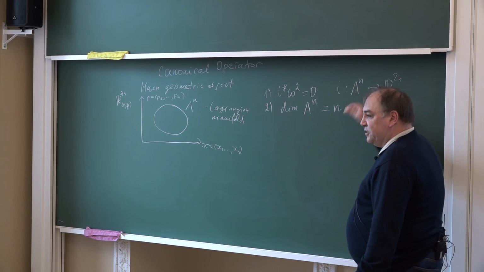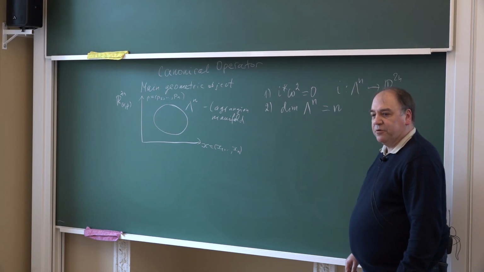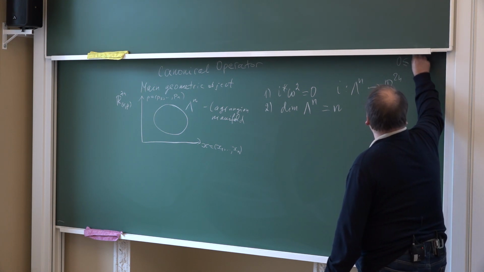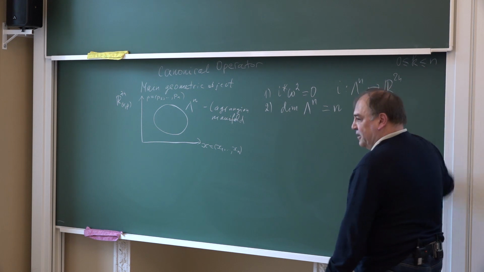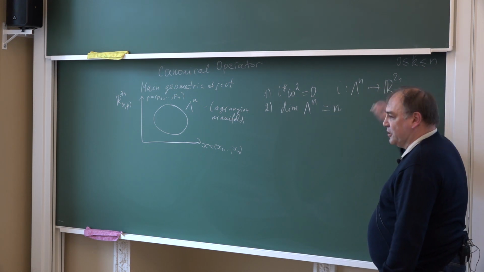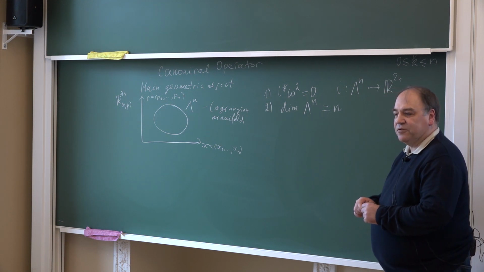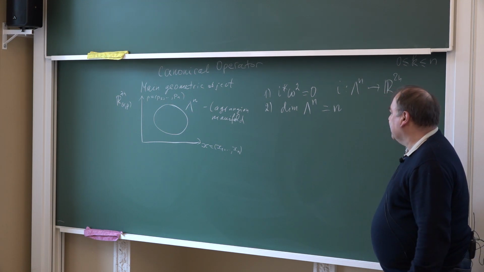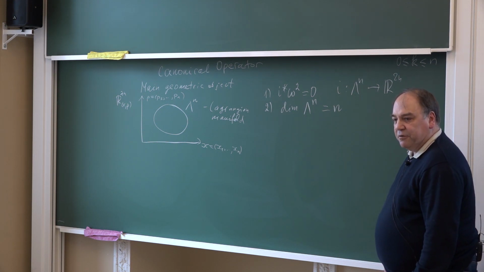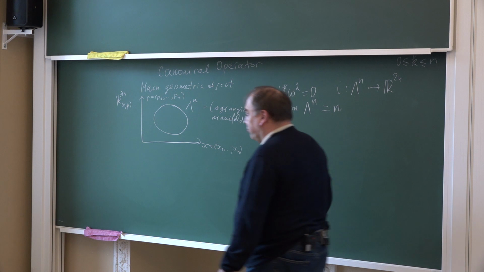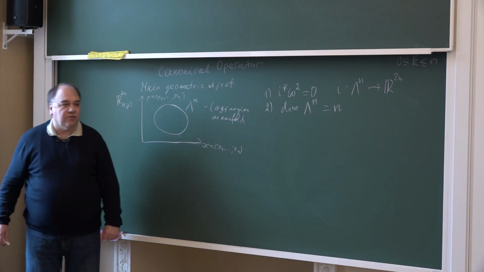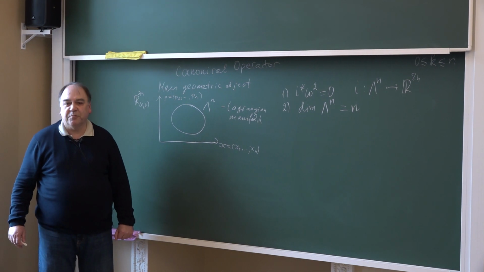So the first condition admits the manifold to have any dimension between 0 and n. In general, such manifolds with the first condition alone are known as isotropic manifolds, but an isotropic manifold of maximal dimension n is called a Lagrangian manifold. So this is the first and main geometric object which underlies the construction of the canonical operator.